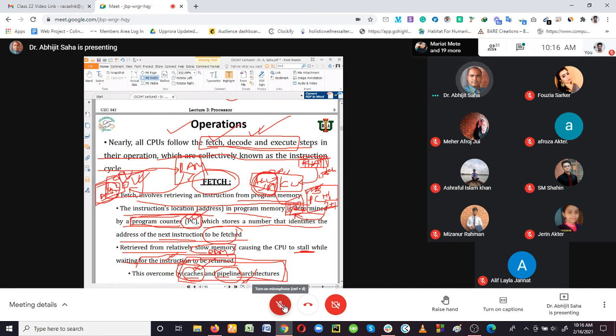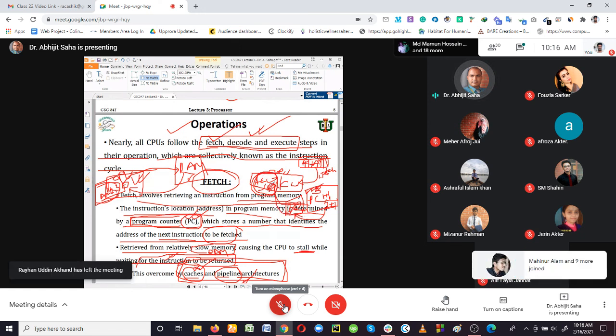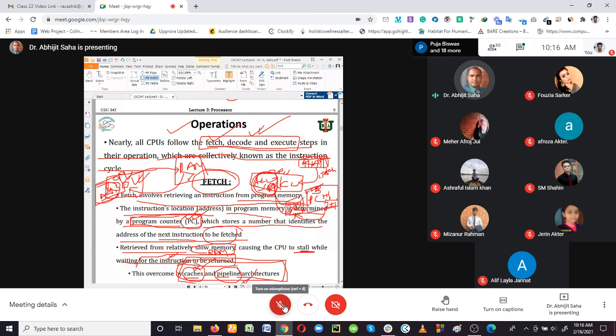So now from the IR serial number 2 has been sent to the execution unit, and serial number 2 is executing. When serial number 2's operation is done, it is sent back to the memory, and then serial number 3 is sent from the PC to the IR, and from the IR to the execution unit. Do you understand it? Is it clear? Yes, sir.